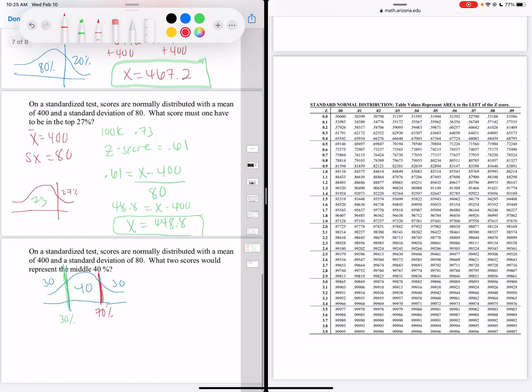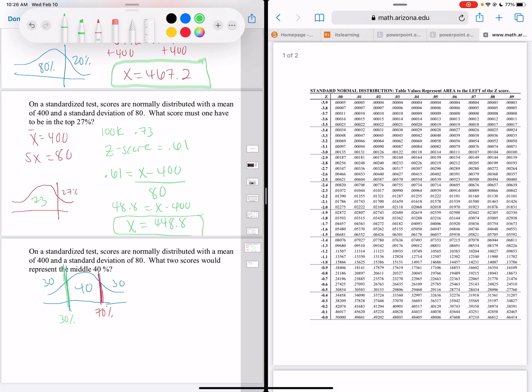Okay, so back here, middle 40%. So let's start over. We've got 30% to the left of the green line, 70% to the left of the red line. So I look for 30% in my distribution. 30% is going to be, it's taking me a little longer to find this one, negative 0.53.